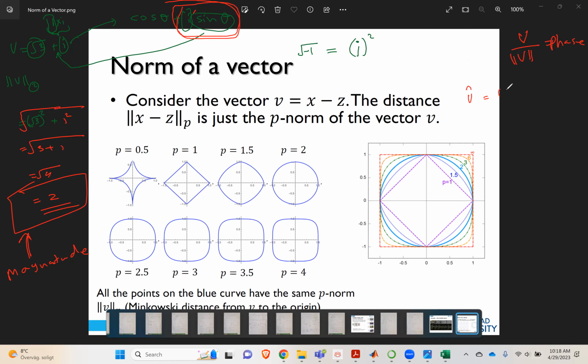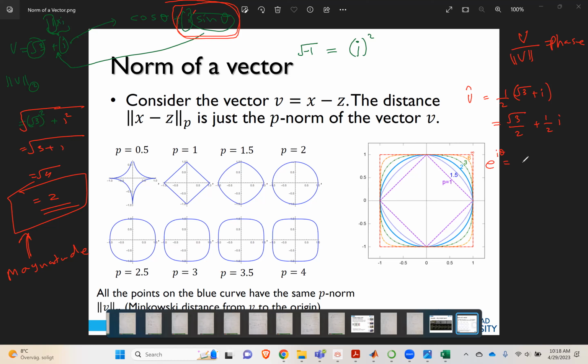Our original vector was square root of 3 plus i, so we multiply this inside and get square root of 3 by 2 plus 1 by 2 i.